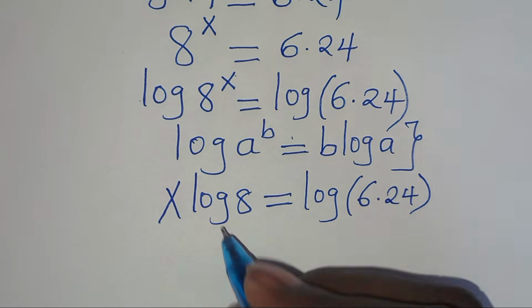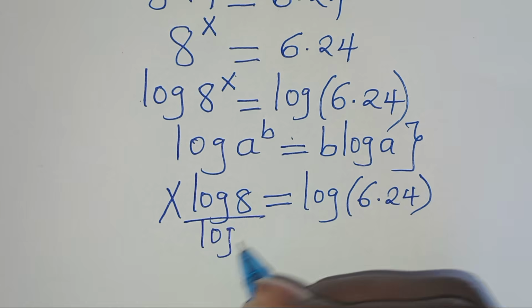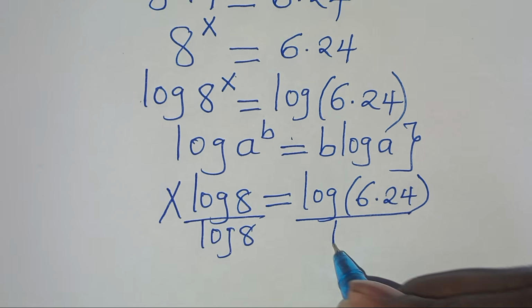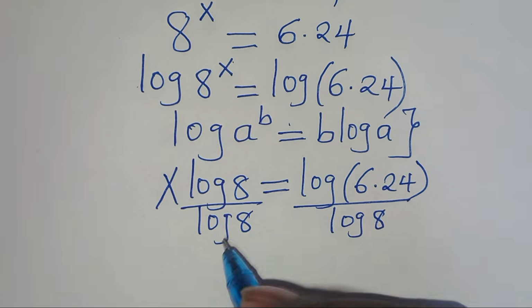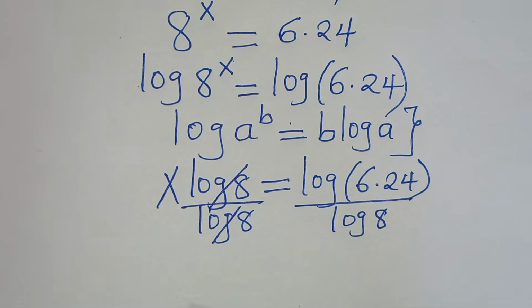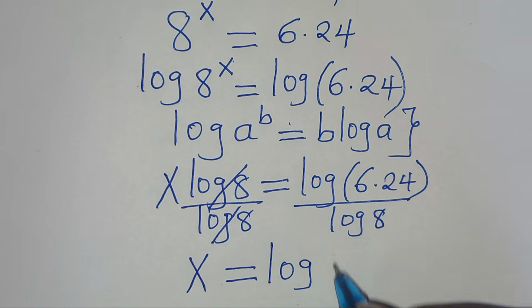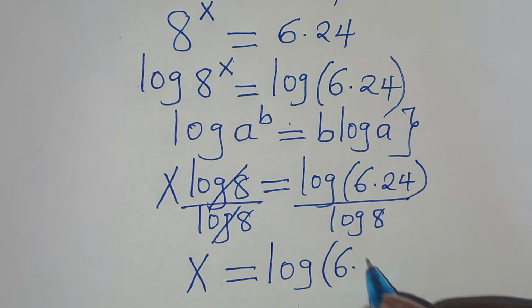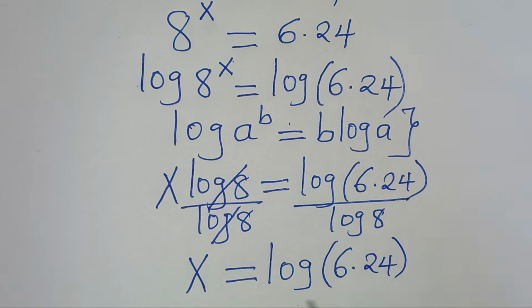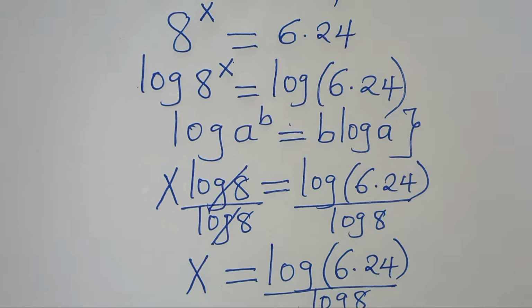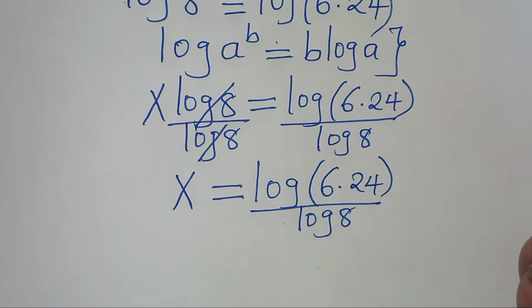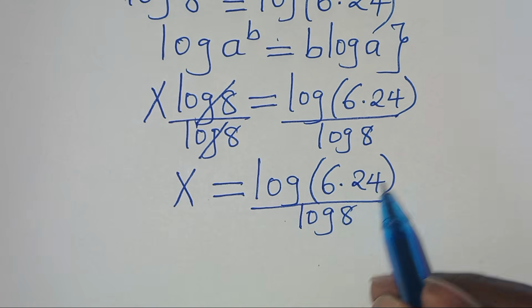So let's divide both sides by log 8. Here we have log 8. Now let's simplify log 8 here, so that we have x is equal to log 6 multiplied by 24, then divided by log 8. The next step is that we have log 6 times 24.